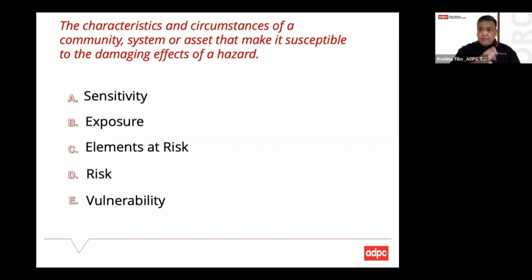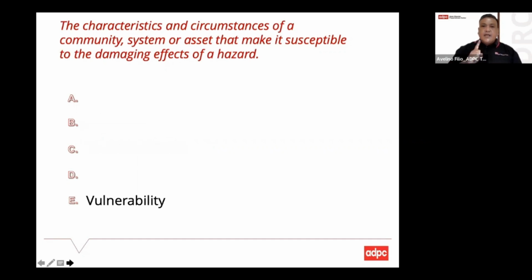It's a bit confusing and tricky here. I'm sure some of you may have answered sensitivity, some answered exposure, some answered vulnerability. I think those are the 3 closest things to the right answer. So let's see. It's vulnerability. When you say you're vulnerable, you're susceptible, you're prone, you're close.